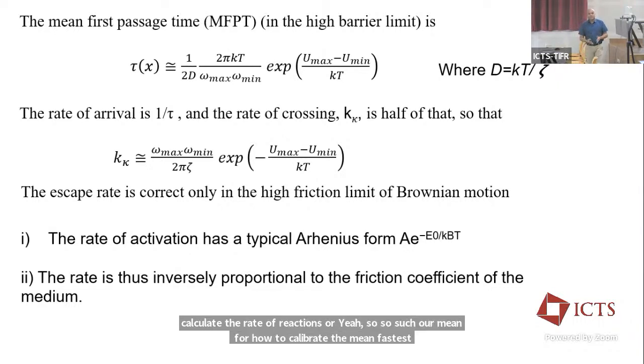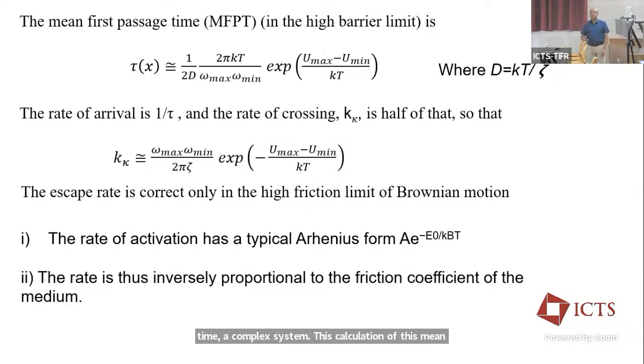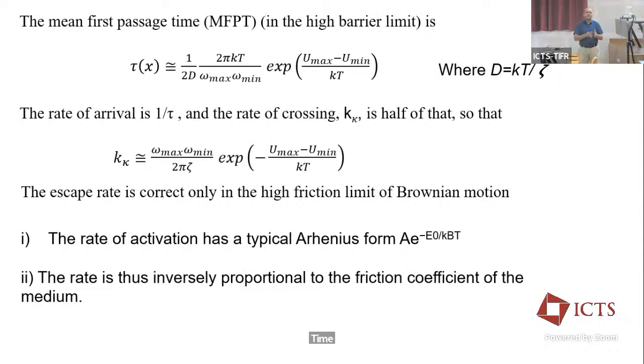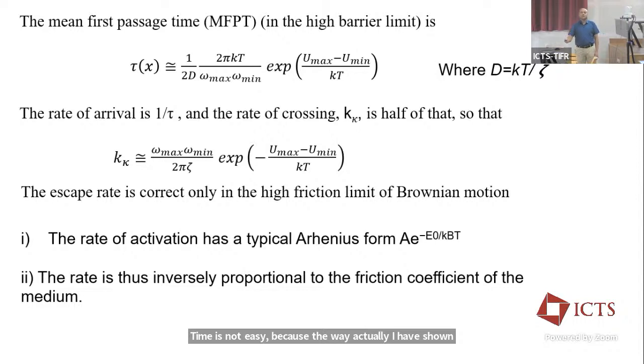For a complex system, this calculation of the mean first passage time is not easy, because the way I have shown, we have taken a very simple model, so that's why it is easy to calculate analytically. But most of the complex problems, you cannot solve them. Most of the time you need to do this kind of calculation numerically, and finally you can calculate, using the same logic we have presented here, the mean first passage time and also the rate of that reaction. Okay, that kind of thing.